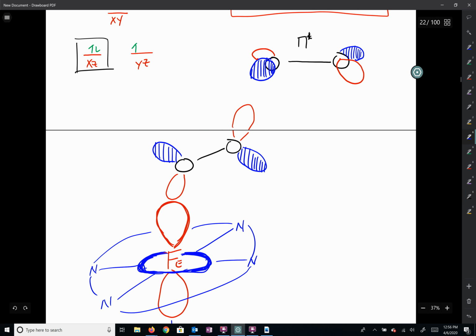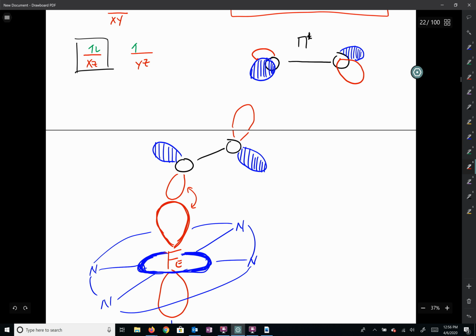You guys with me on this? Remember, for a bond to happen, the orbitals have to overlap in a head-on collision. So if I bring in my oxygen bent, I can overlap my pi star with my dz squared orbital.